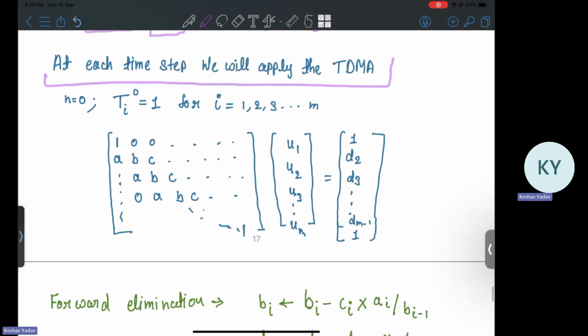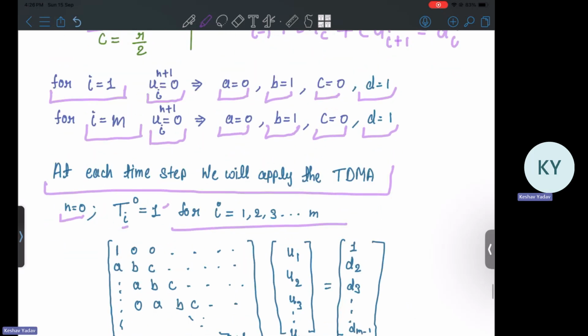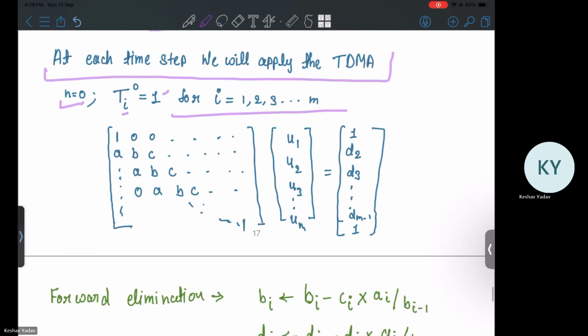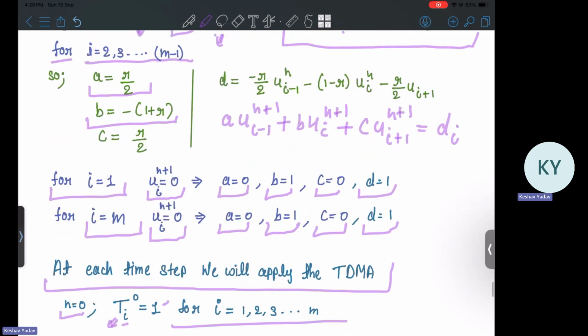Okay, so suppose at n equal to 0, u_i is equal to 1 for all i, and for other cases, if we use this value, so this 0 will be replicated here in d.